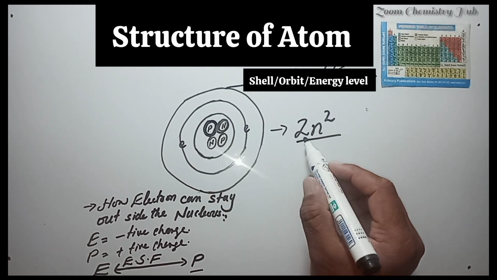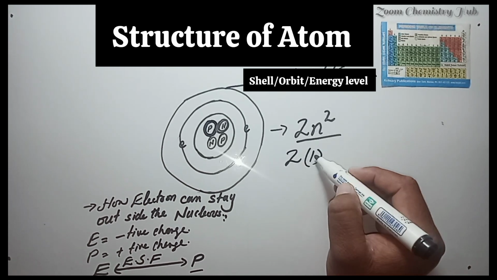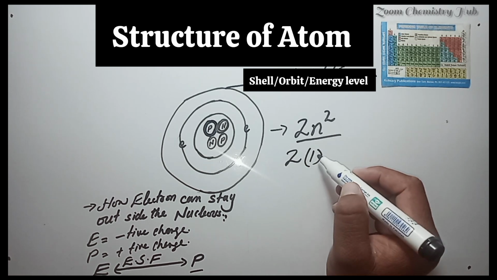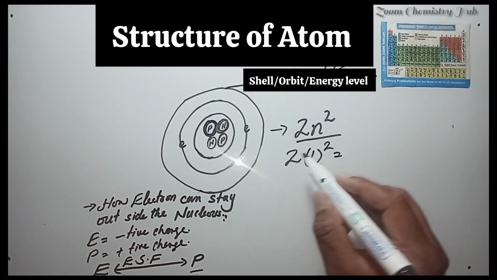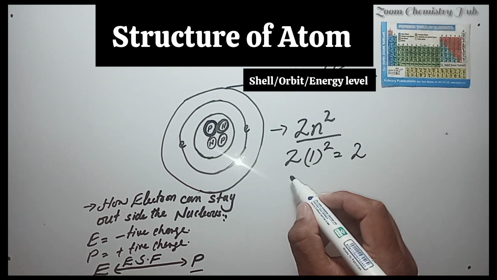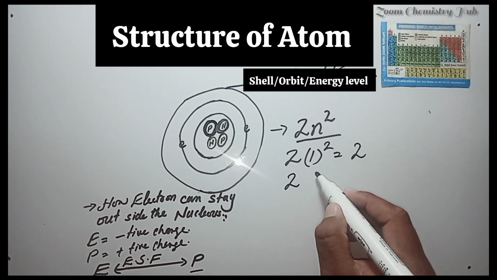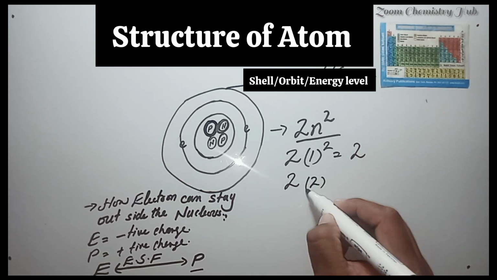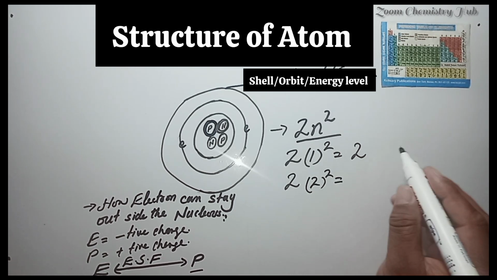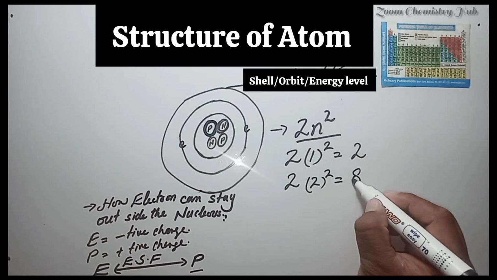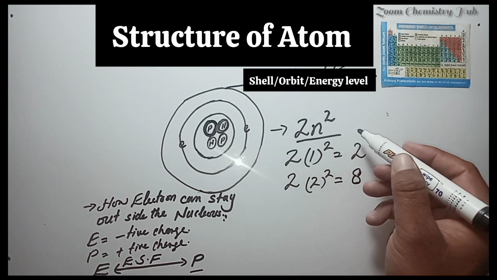For example, for the first orbit we write the number of orbit, n equals 1, so the first shell contains 2 electrons. Similarly, in the second shell, we write 2 for n, so in the second shell there are 8 electrons, following the 2n square formula.